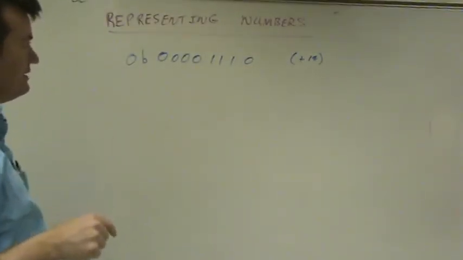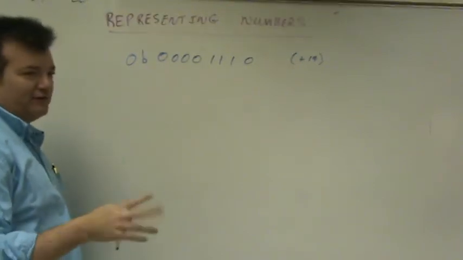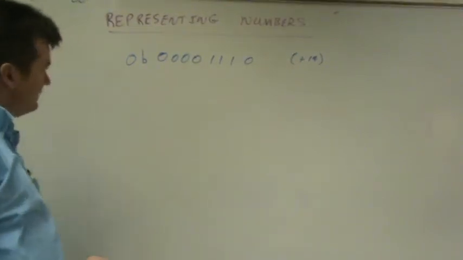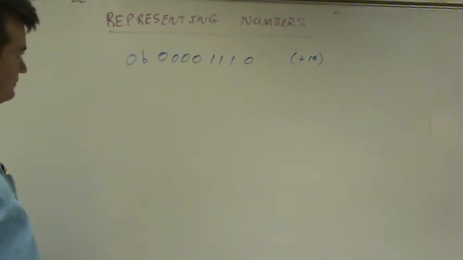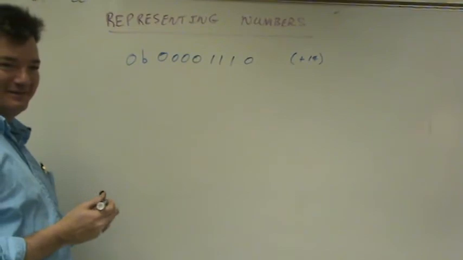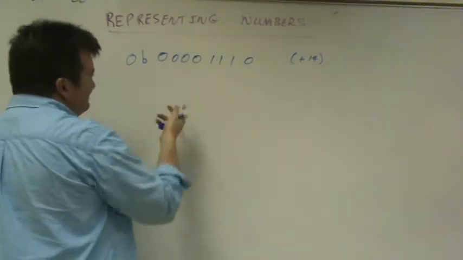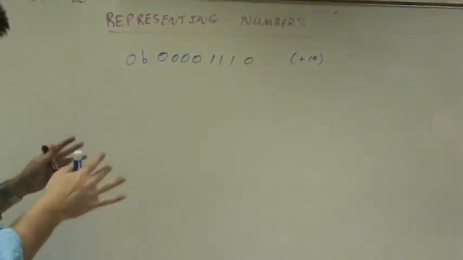We might need to represent negative numbers. Suppose we wanted to represent positive and negative numbers. How can we do that? So, any suggestion? Well, we only have bits. That's the only thing we can use.